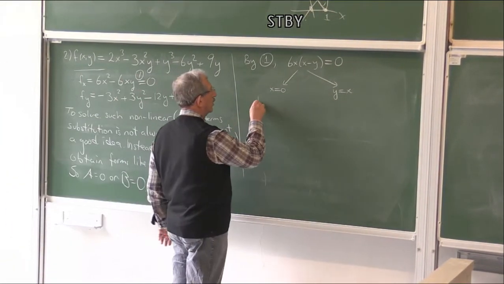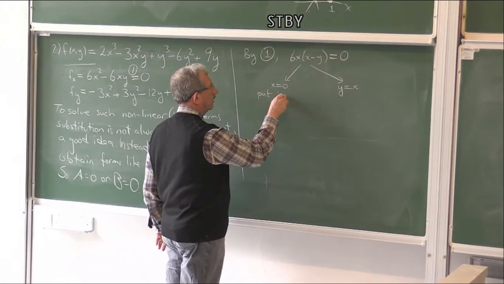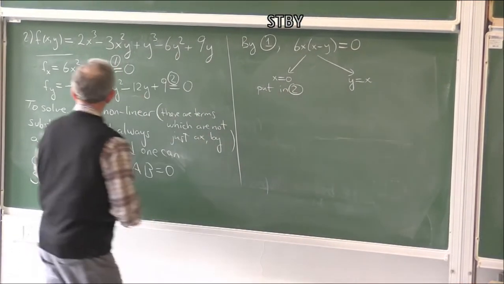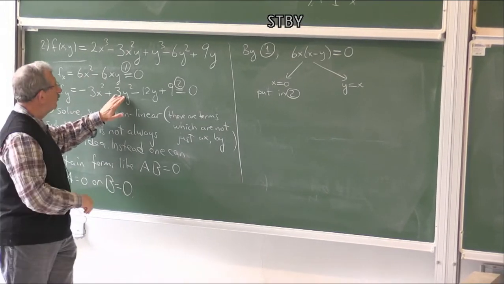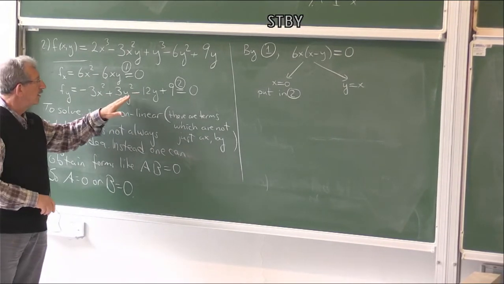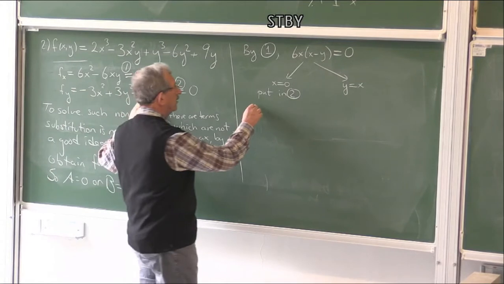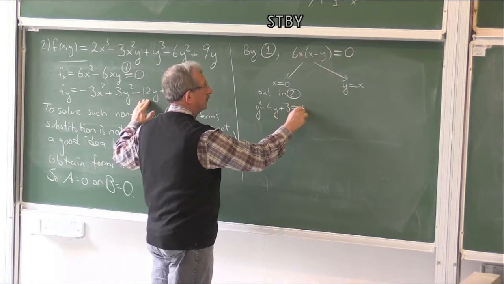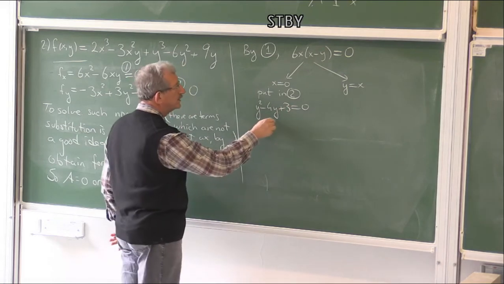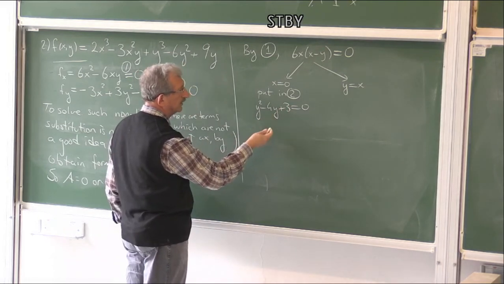So, we would obtain, this will go away, x is 0. So we would have y squared minus 4y plus 3 is 0. Now, which means we have two possibilities, actually.